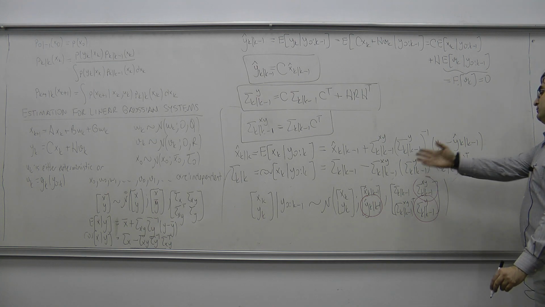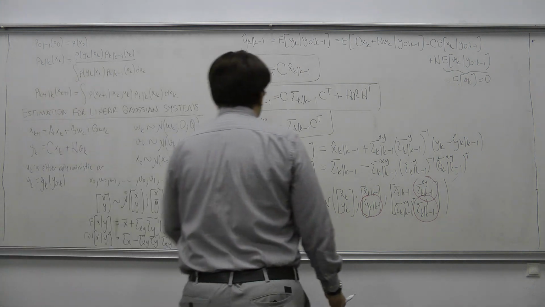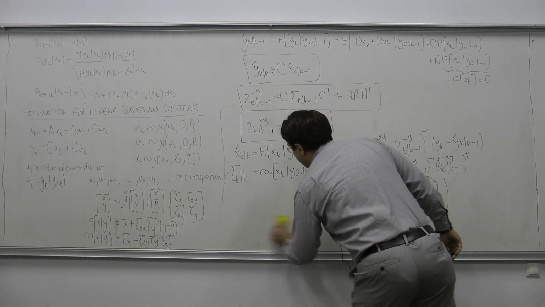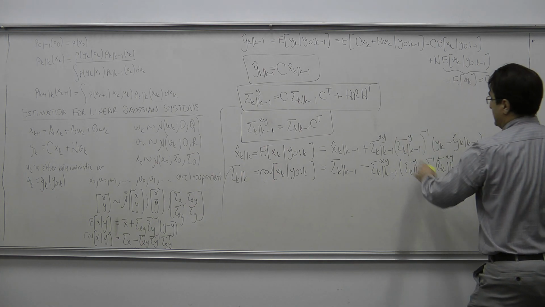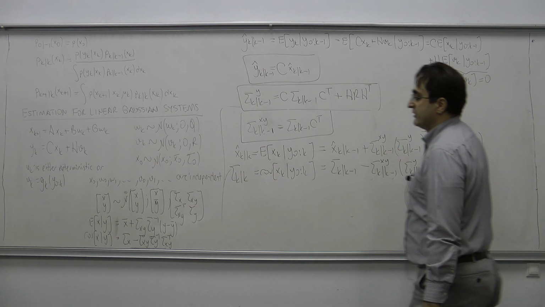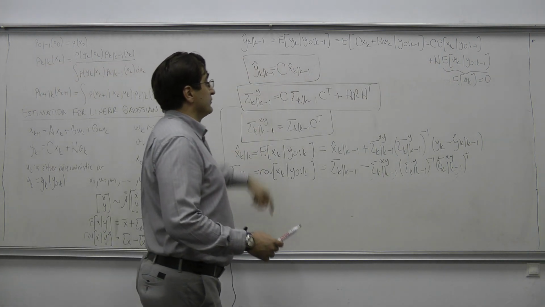Okay? So we would have this update formula. Now I can get rid of this joint Gaussian, and we can go into the explicit formulas when I replace these covariances with their equivalent expressions here.